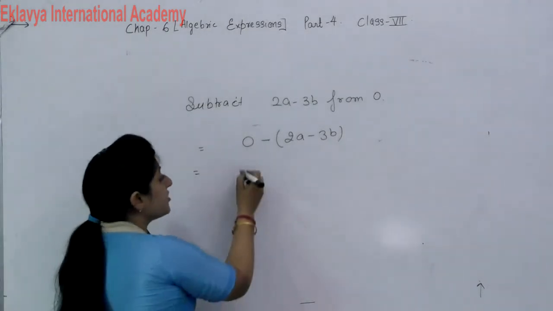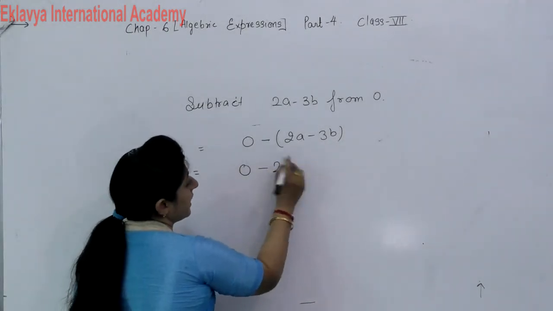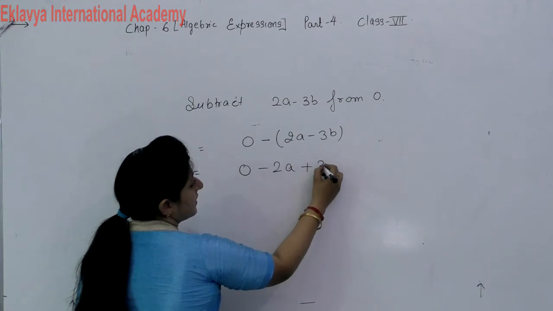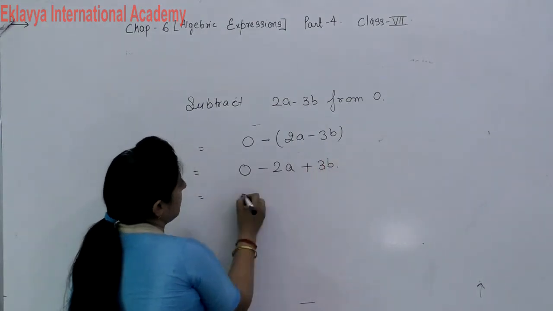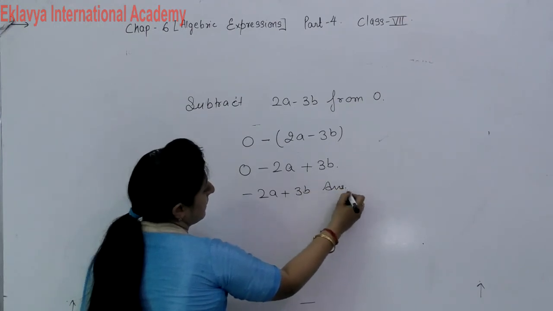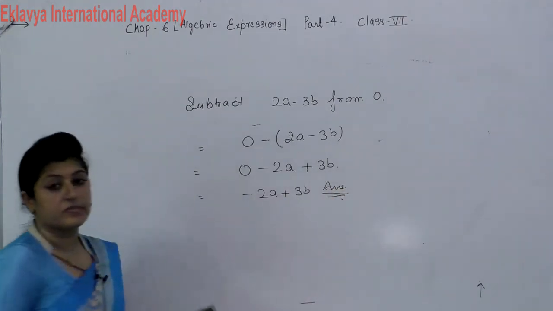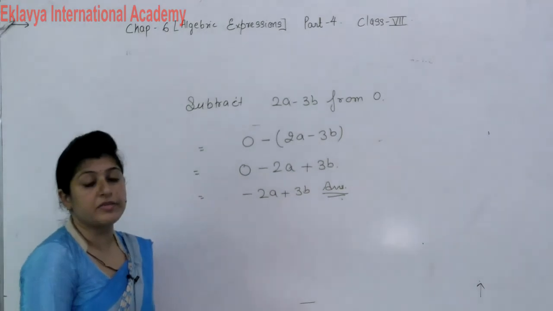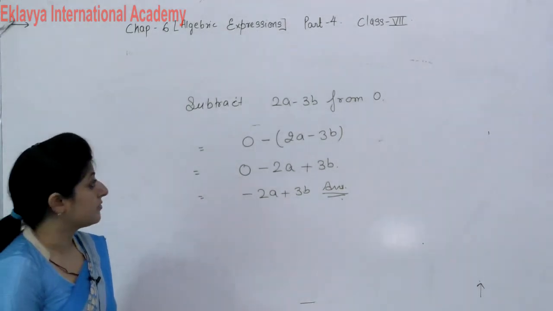Now solve it, 0 minus 2a, minus minus plus 3b, then our answer becomes minus 2a plus 3b. So this type we will solve it.